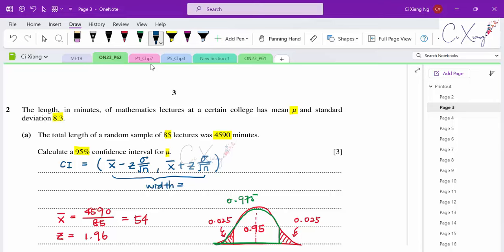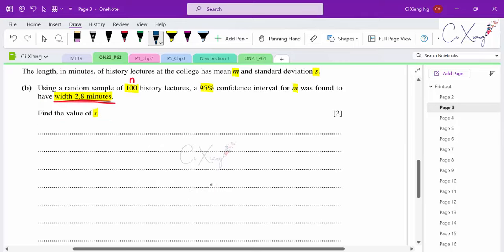So if you take the upper limit minus the lower limit, you have the formula 2z sigma over square root n for a confidence interval for the population mean. So how do we get the width again? You take the upper limit minus the lower limit. I take the formula for the upper limit minus the formula for the lower limit, and this is what I get. That's why I will use this formula for the width of the confidence interval and apply it in part B.